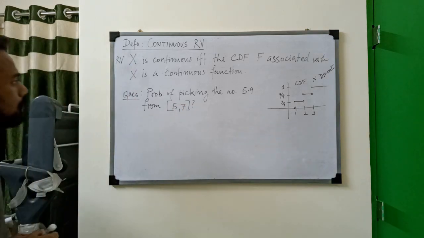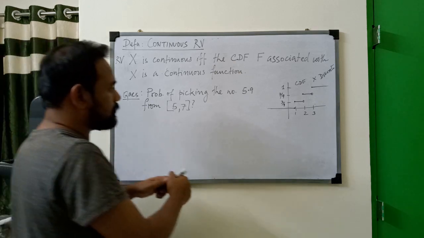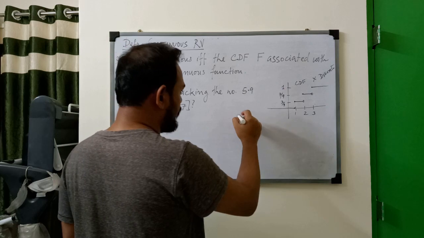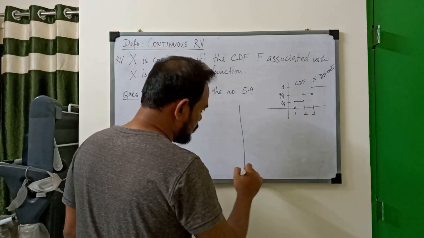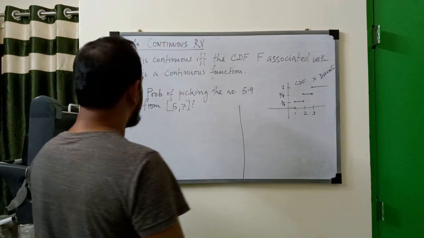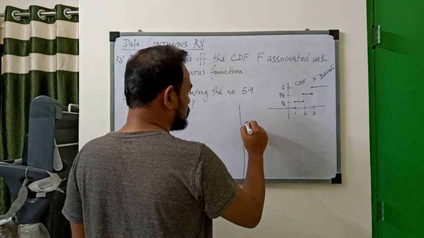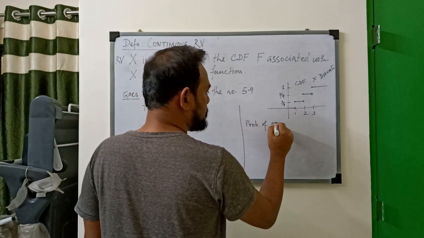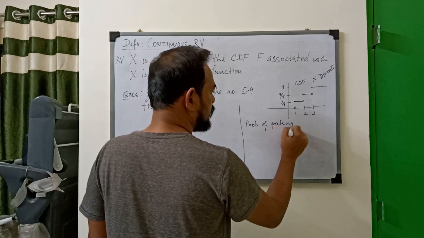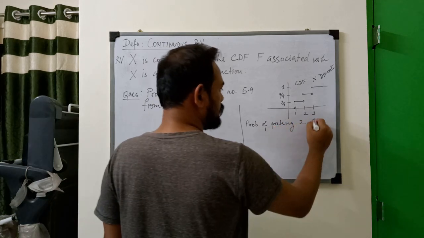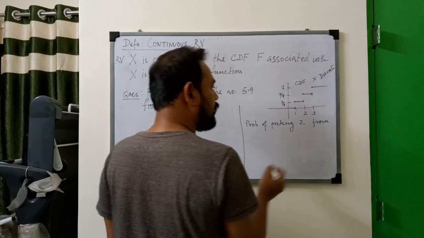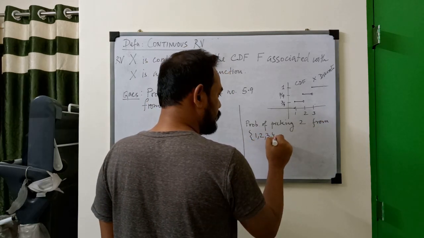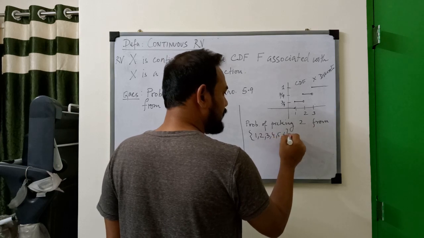Okay. So if I ask the question in a discrete setting, let's just draw a separate column here. What's the probability of picking just 2 from this sample space, 1, 2, 3, 4, 5, 6? It's like rolling a die.